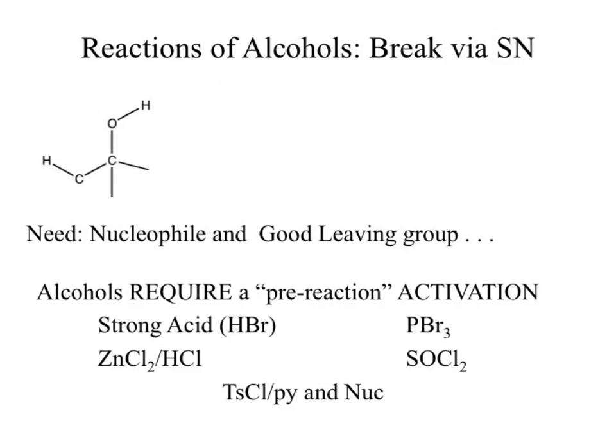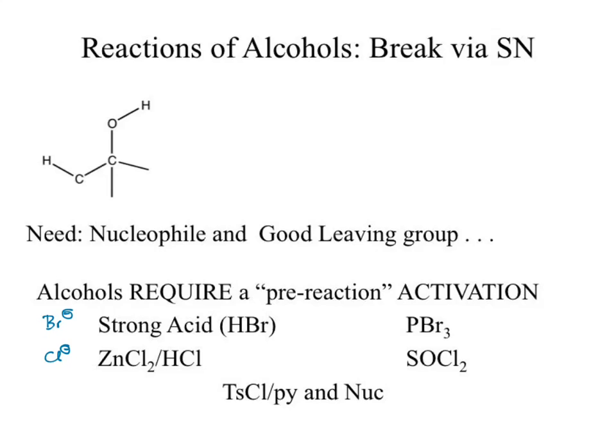Okay? So our first two options are using bromide as our nucleophile and chloride as our nucleophile. Those ones you should be able to kind of guess. I know the zinc chloride's a bit of a wrinkle in that one, but that chemistry should be very familiar.